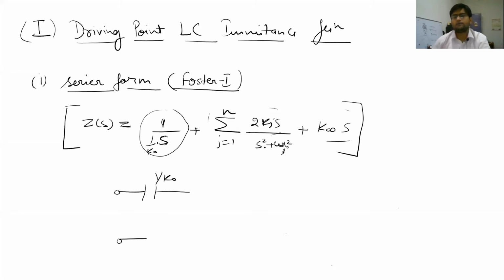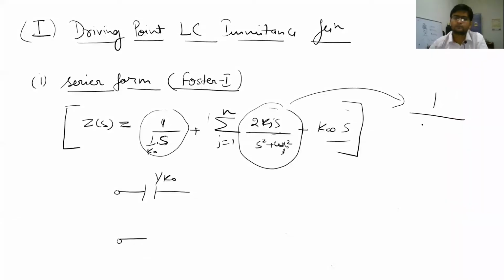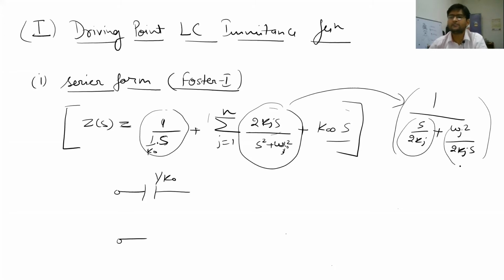Now I already told you that this function we can represent as 1 upon s upon 2Kj plus omega j square upon 2Kj s. We already know that this whole function is an impedance function, so this will be an admittance function.